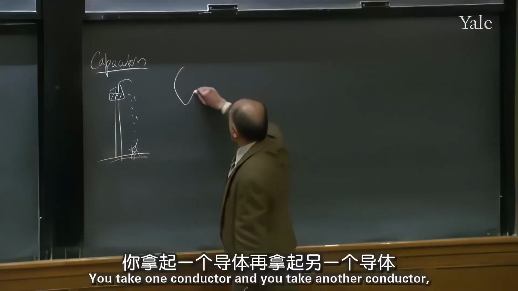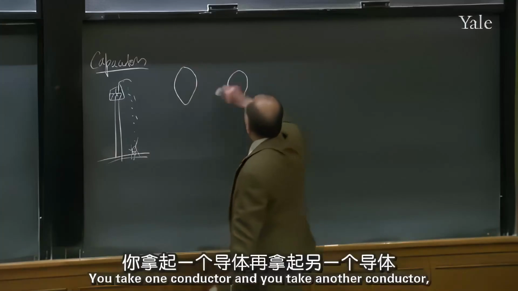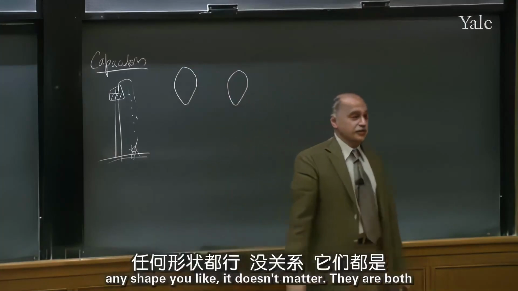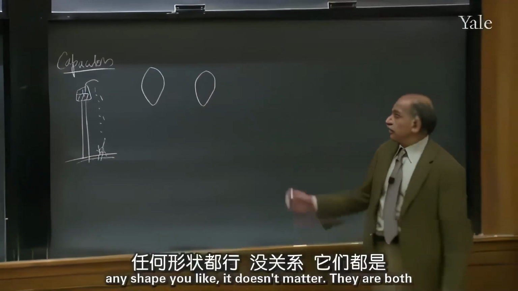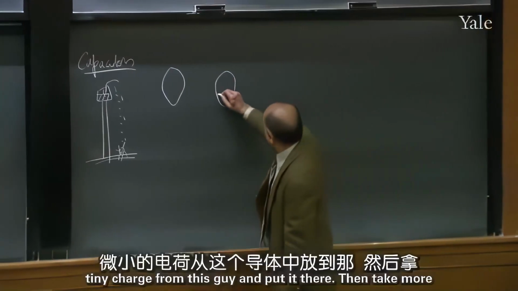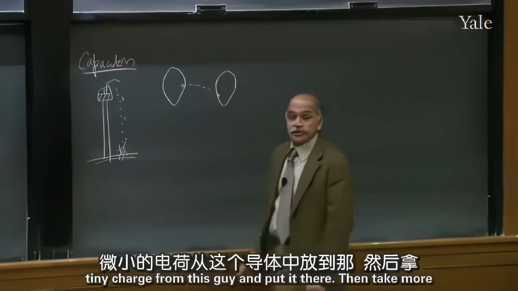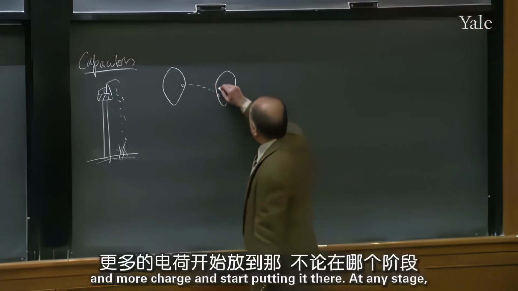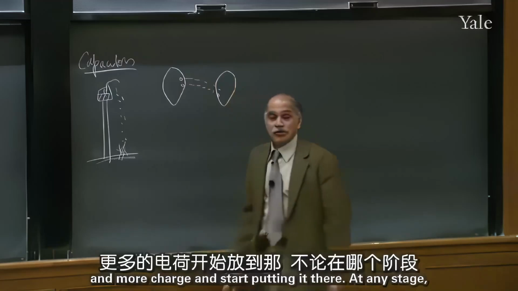You take one conductor and you take another conductor, any shape you like, doesn't matter. They're both electrically neutral, but they're conductors. So you take a tiny charge from this one and put it there. Then take more and more charge and start putting it there.